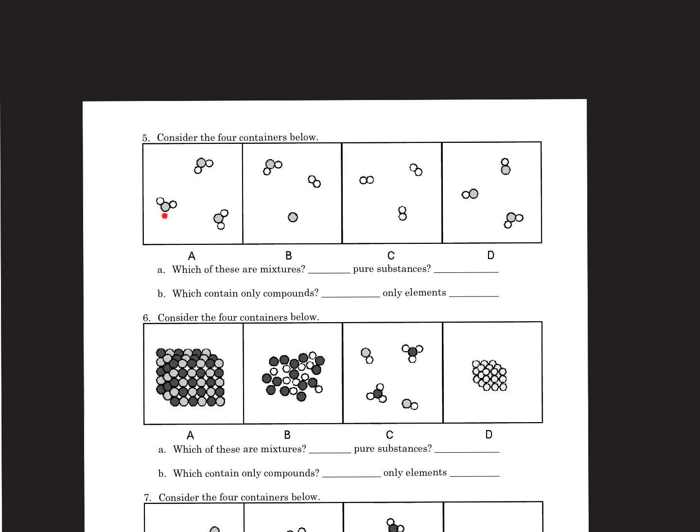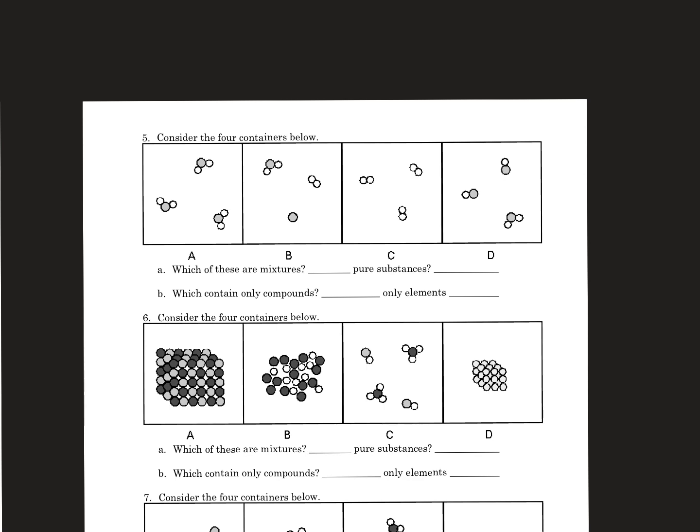And by the way, A is a pure substance also. What about D? These two particles are the same, but this is different. So we've got this substance and this substance mixed together. That is a mixture.